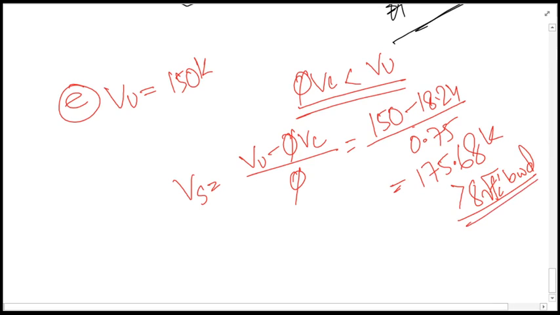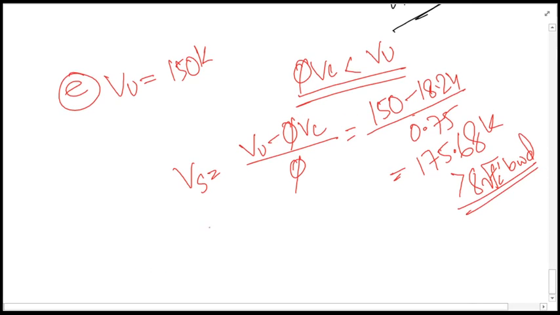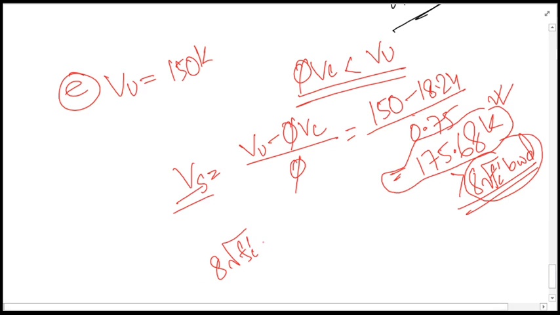So in this case, the code says that although from the theoretical requirement we see we have to provide shear reinforcement in such a manner that it will be able to carry this load, no, according to the code you cannot design, as it is greater than 8 root fc prime bwd.